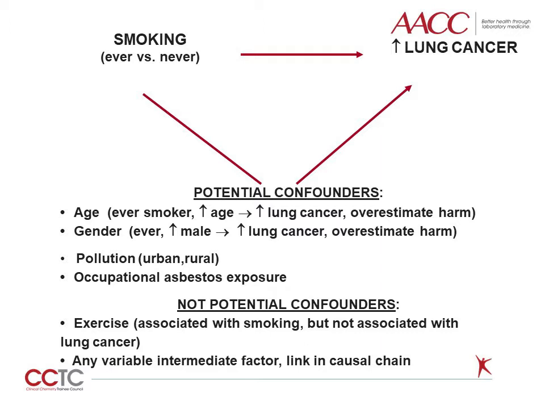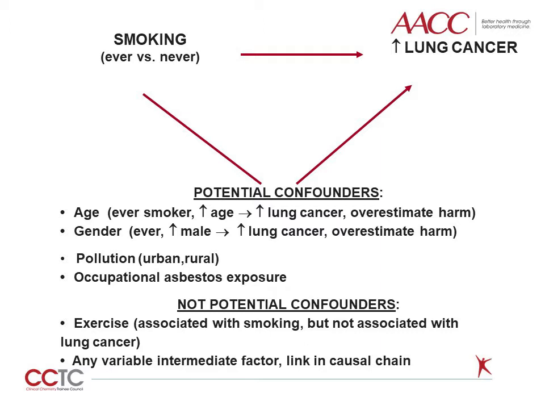Gender would be the same kind of direction. If smokers are more likely to be men, and men are more likely to develop lung cancer independently of smoking, then again, smoking will look worse than it actually is, because smokers will have another characteristic which independently affects their risk of developing lung cancer. Other variables we would want to look at: pollution.